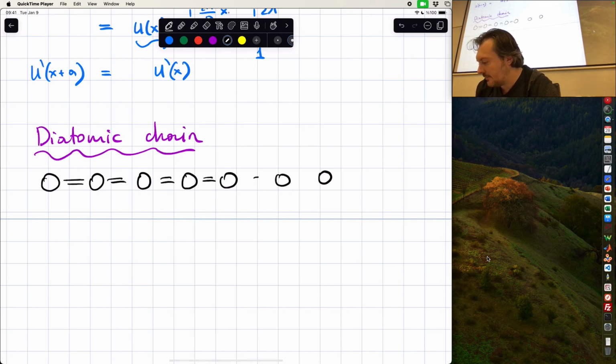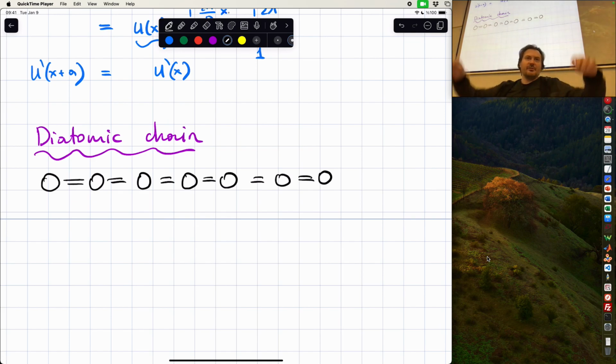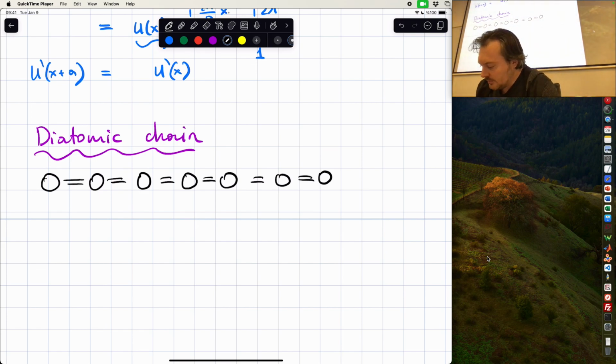Do you know what will happen? Oh yeah, of course, it might want to make a circle, but if you keep it as a chain, it would prefer to go to this state.